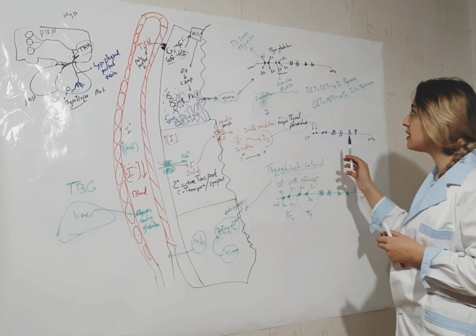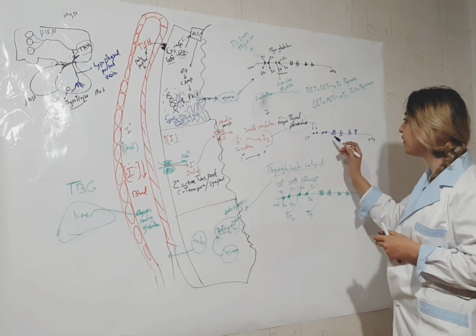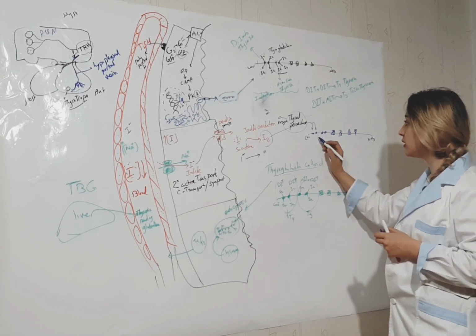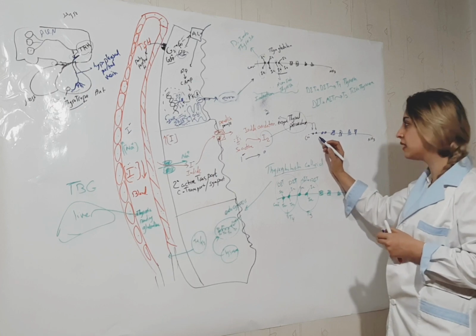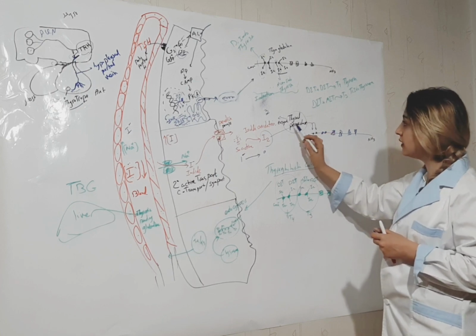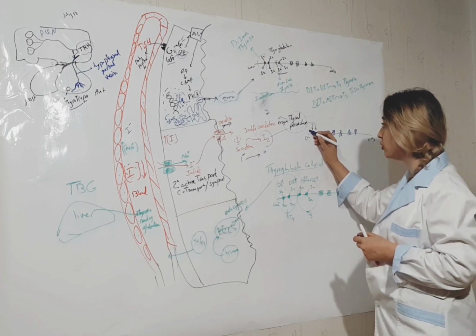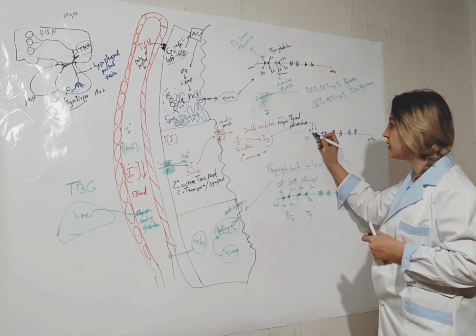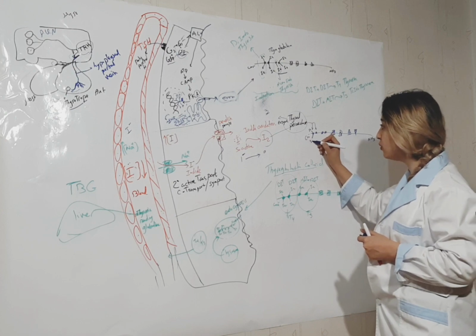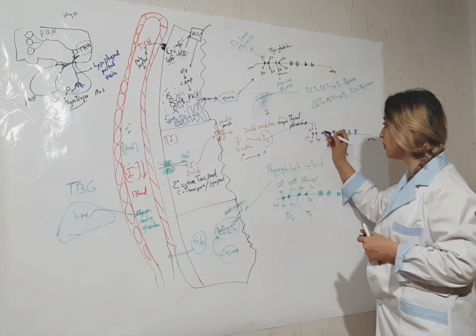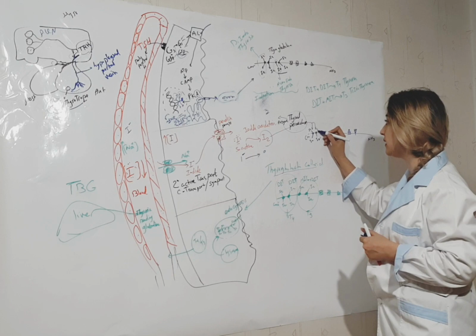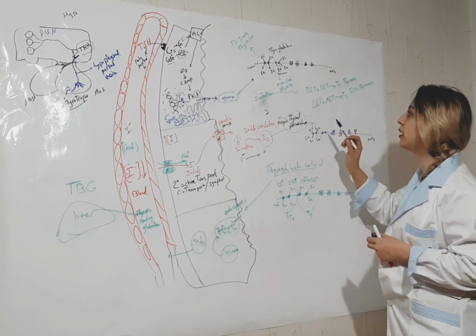What is this amino acid? This amino acid, in fact, is called tyrosine, and then this thyroid peroxidase will make this iodine be bound in here and make DIT and MIT. Now I will explain what DIT and MIT are.